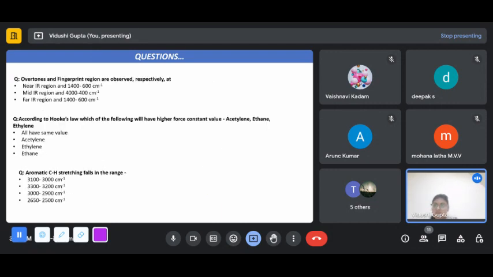Now the next question is, overtones and fingerprint region are observed at near IR, mid IR, or far IR. So in which region are overtones and fingerprint observed? Mid IR. Why? What are basically overtones?